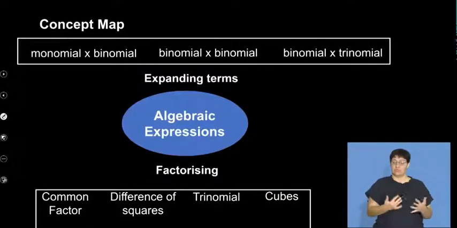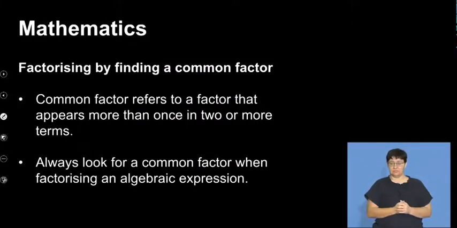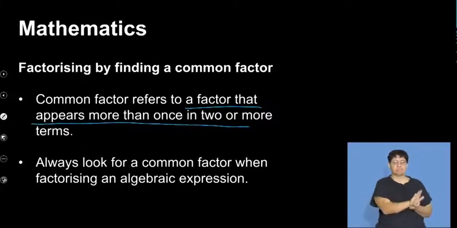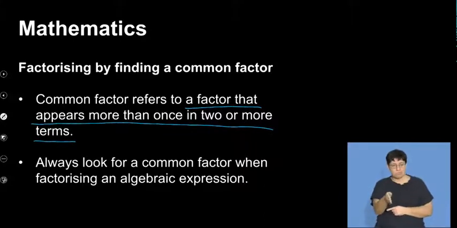So remember that when you talk about a common factor, this refers to a factor that appears more than once in two or more terms. Now, when we say it appears more than once in two or more terms, it must be in all the terms, right?